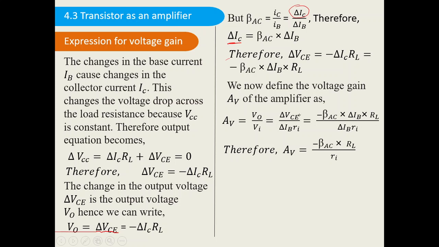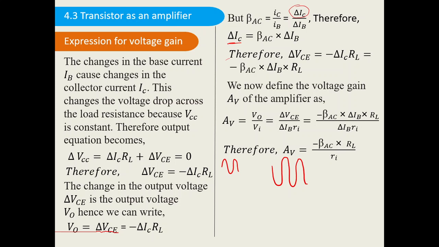The negative sign indicates that input and output are 180 degrees out of phase. That means if the input is like this, the output will be like this, inverted with respect to the input.